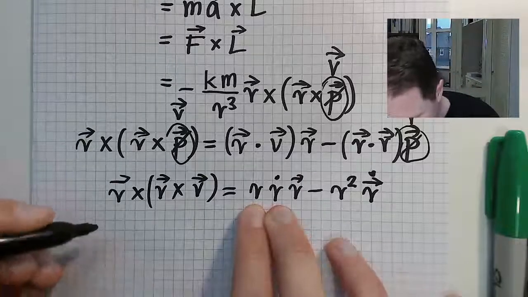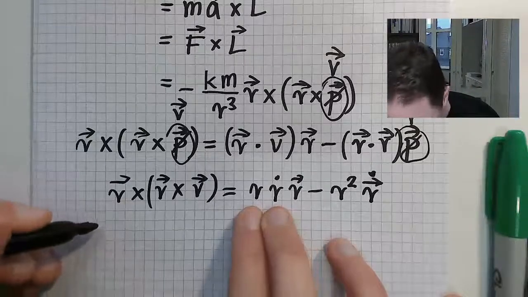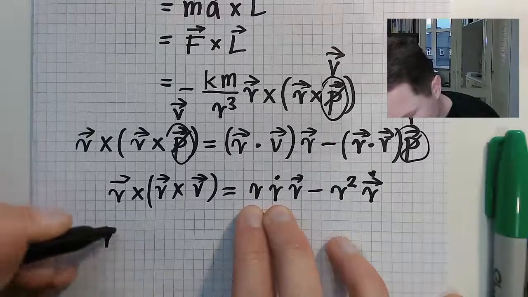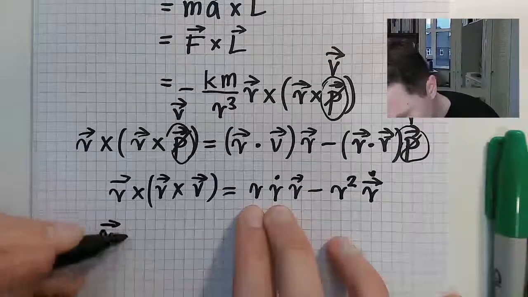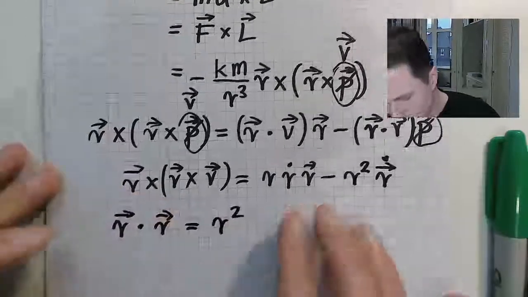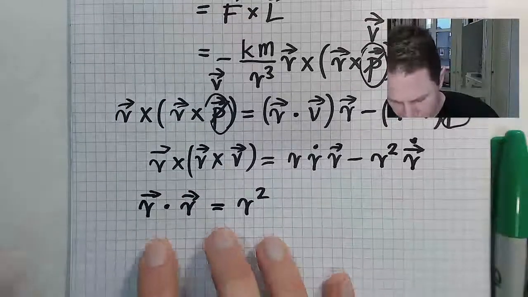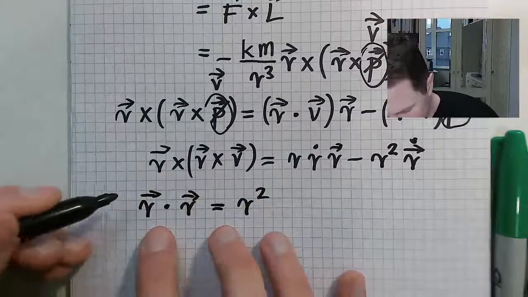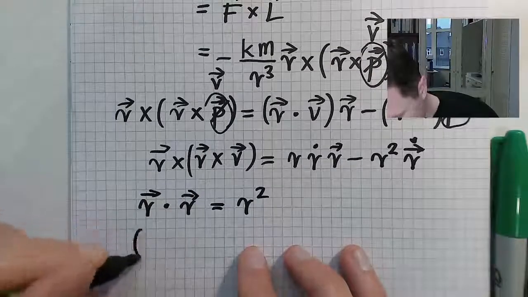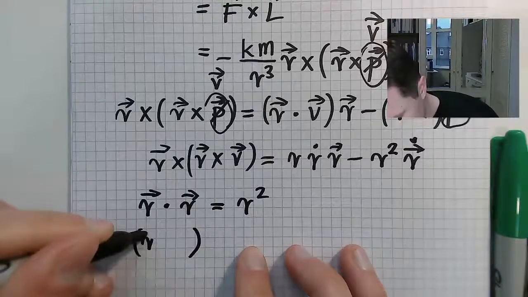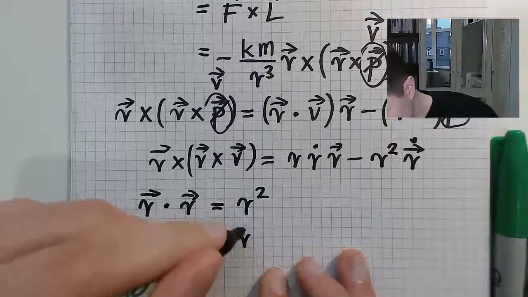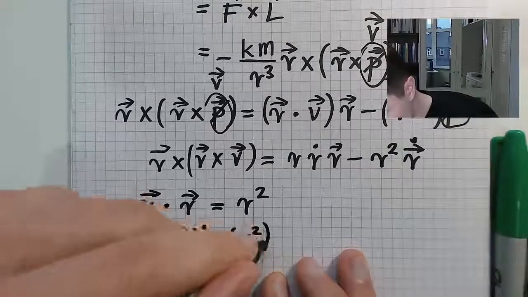So for that, let me quickly say that if you take the scalar product of r with itself, which is its length squared, for this is true for any vectors, and I take the rate of change of this expression, then the equality still holds.